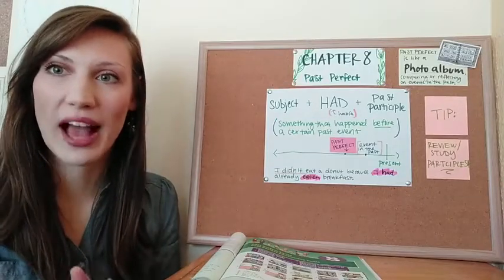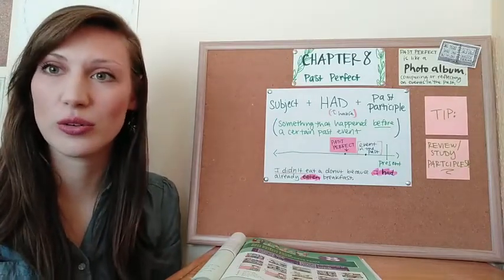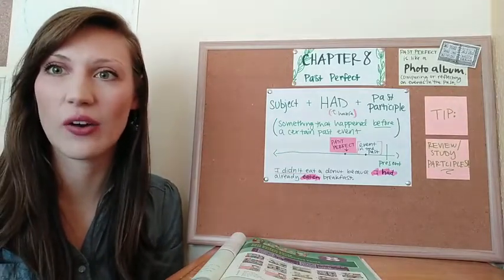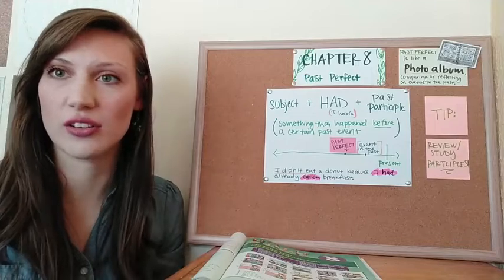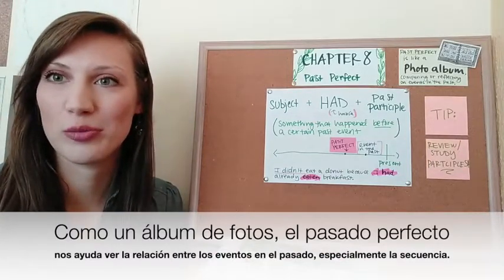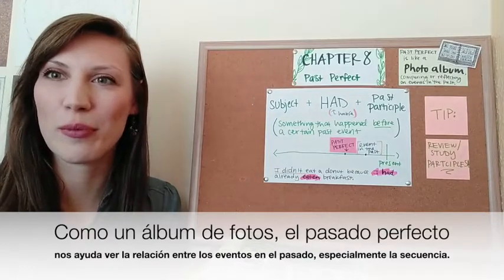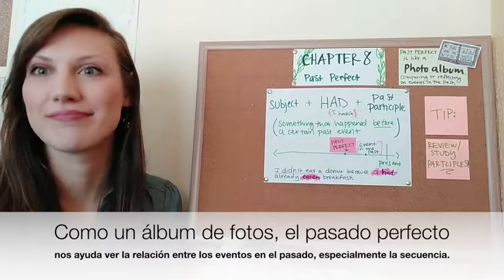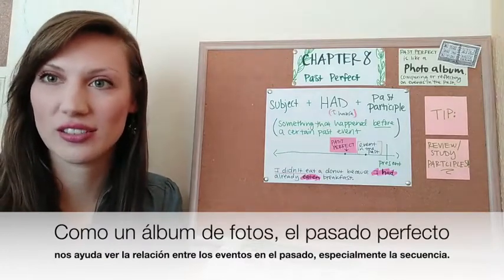We look back at least two, maybe more events in the past, and we look at how they are related to one another. So as you look through a photo album, you might say, oh yeah, I remember why this thing happened now, because you see the reason why.